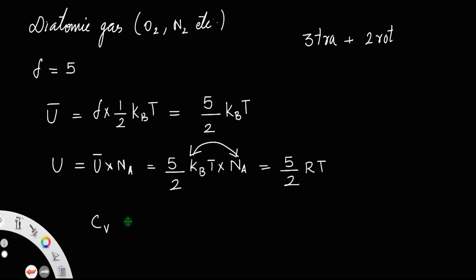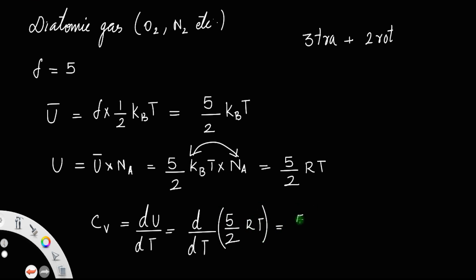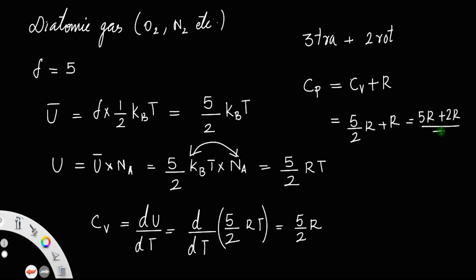Now Cv is equal to derivative of internal energy with respect to temperature. So d by dT of 5 by 2 RT, and its value will be 5 by 2 R. Now Cp is equal to, applying Mayer's relation, Cv plus R, that is equal to 5 by 2 R plus R, which is equal to 5R plus 2R divided by 2, which is equal to 7R by 2.